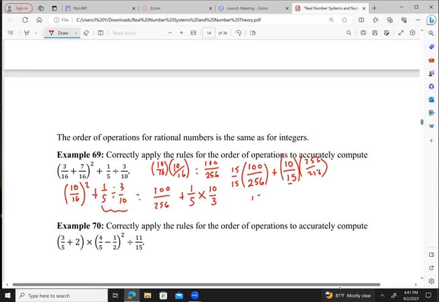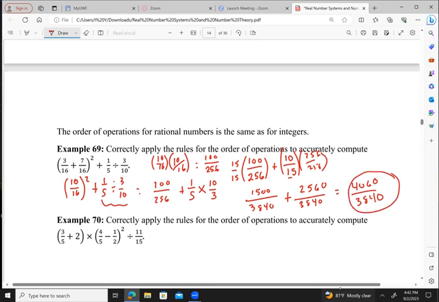So I get 1,500 over what? 256 times 15, 3,840 plus 3,560, and this is going to be again 3,840. So adding this together, I get 4,060 over 3,840. And again, it can be reduced but we'll leave it there for now.